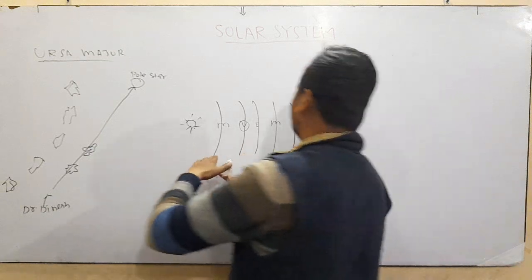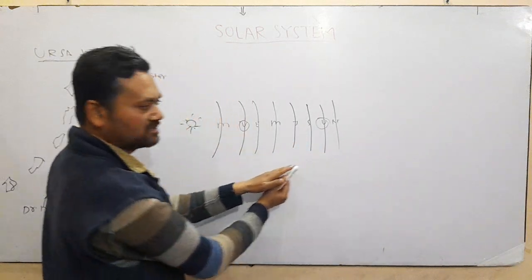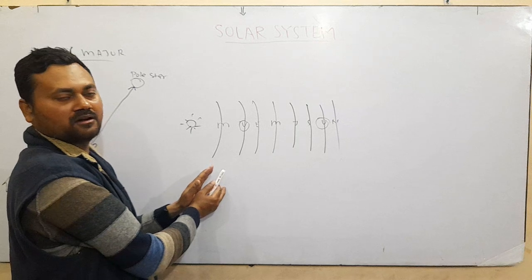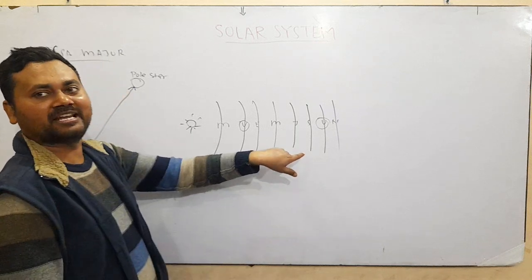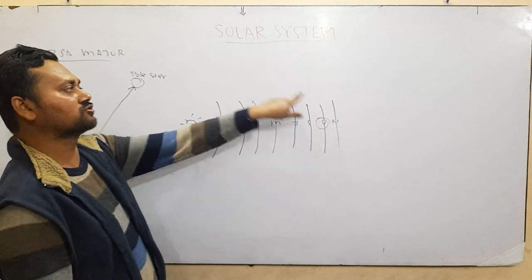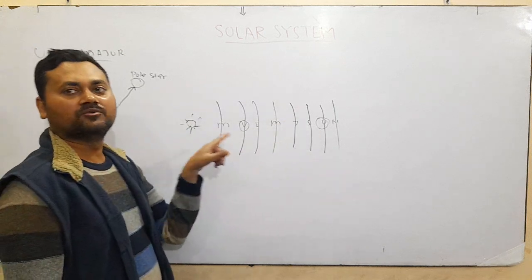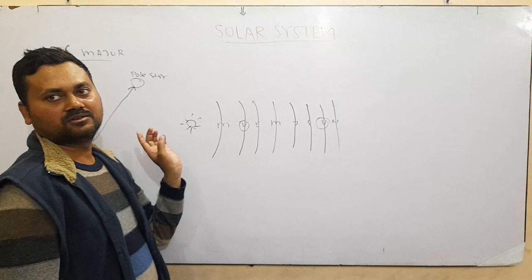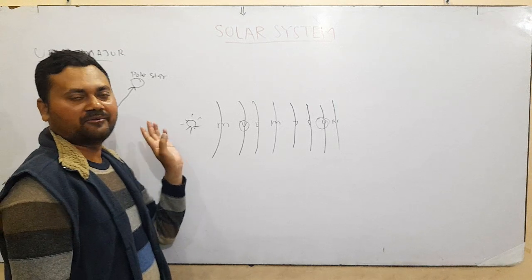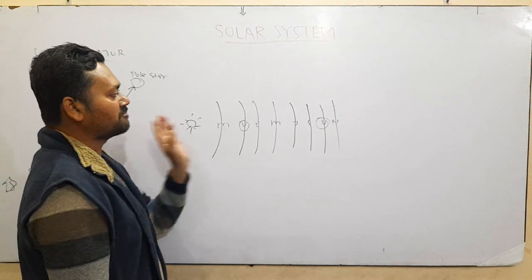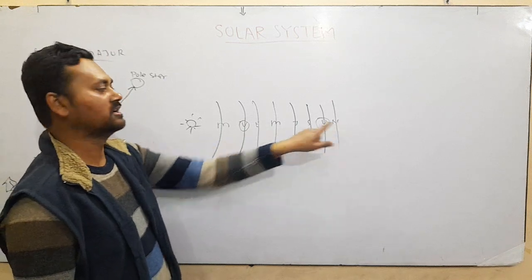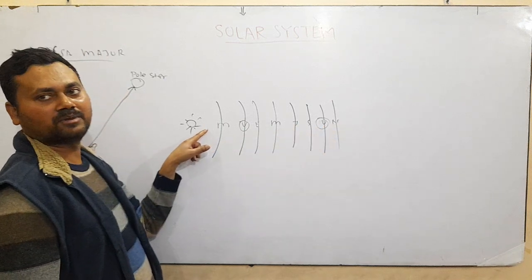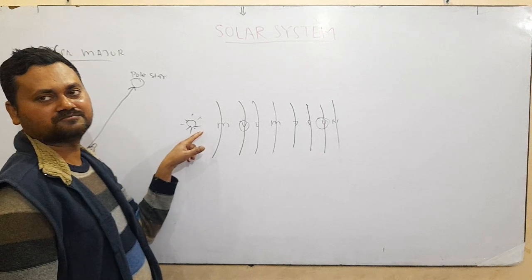The farther away you go from the Sun, the time taken by the planet to complete one revolution will keep on increasing. Having this thought in the backdrop, the maximum time will be taken by Neptune and the minimum by Mercury.